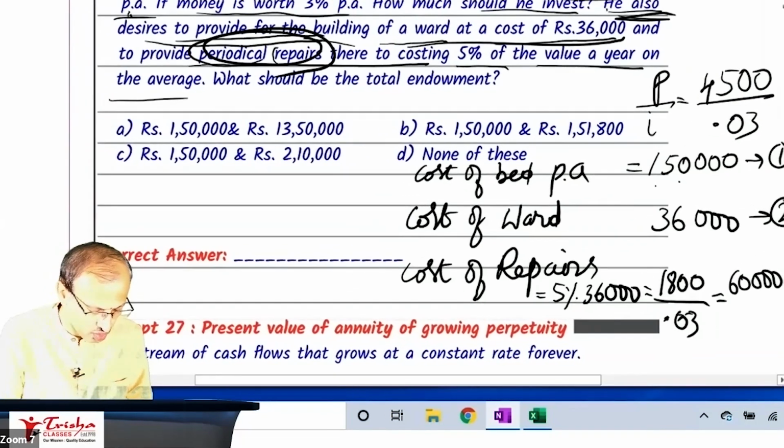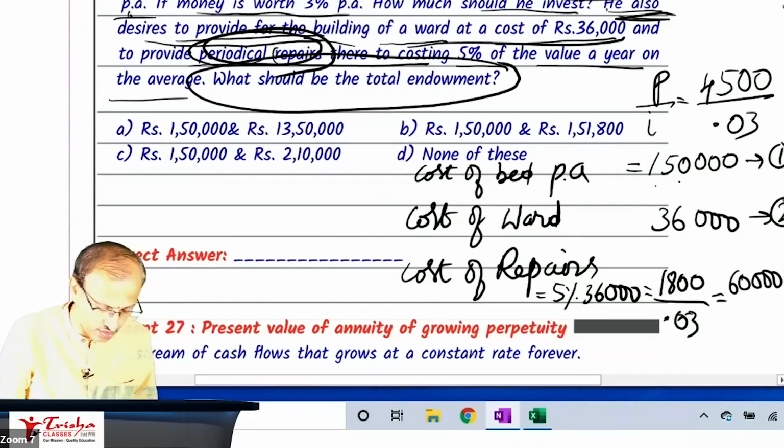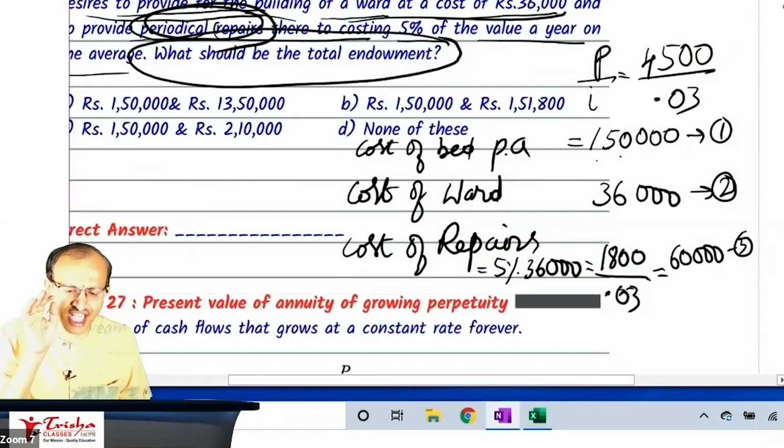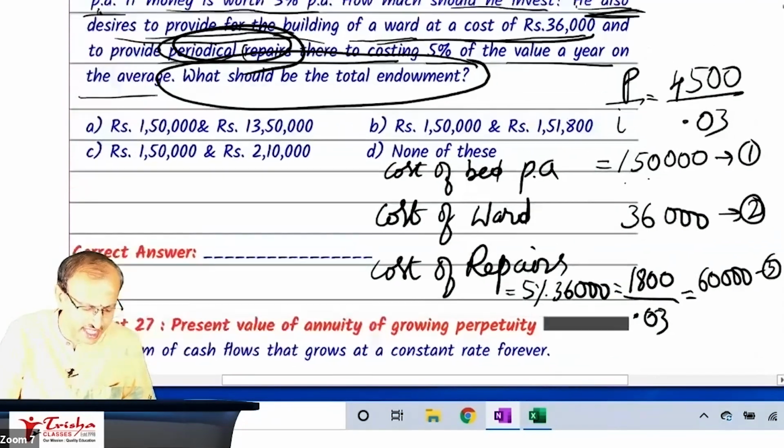They asked you what should be the total value of endowment. Okay. It means to say, listen carefully. I know some of you did not get the idea. I'll repeat again. First part, that fellow who would like to donate, he created an endowment fund for such donations. He says he will pay cost of the bed, which is 4,500 every year.